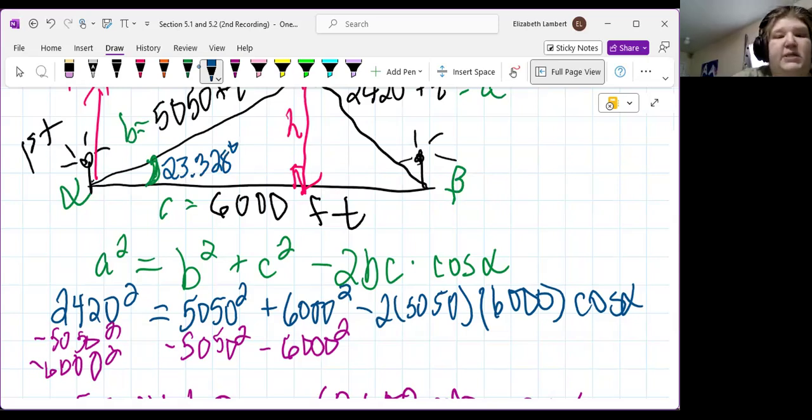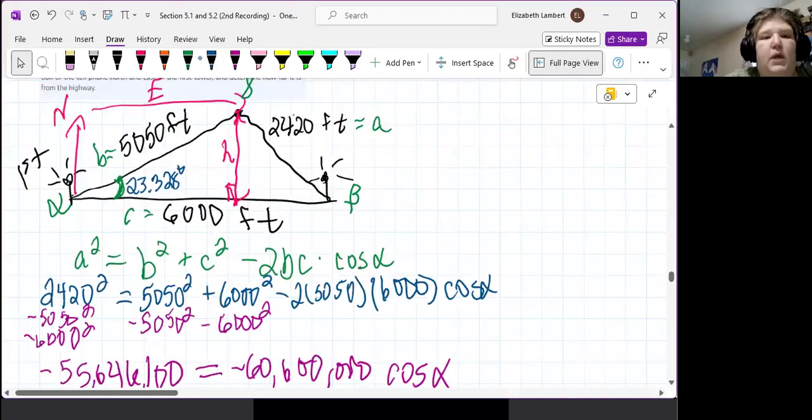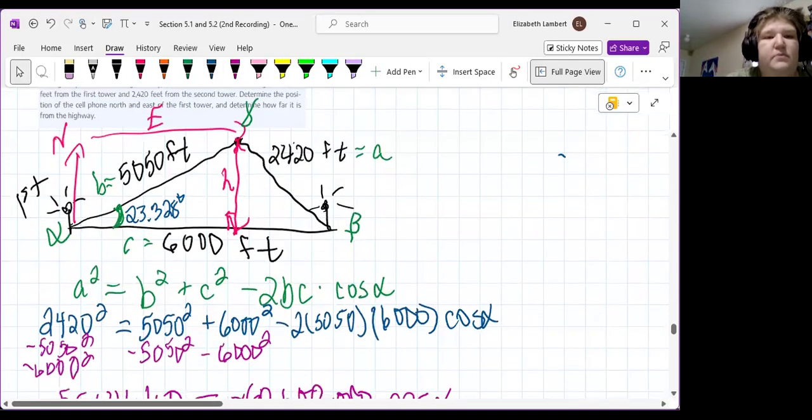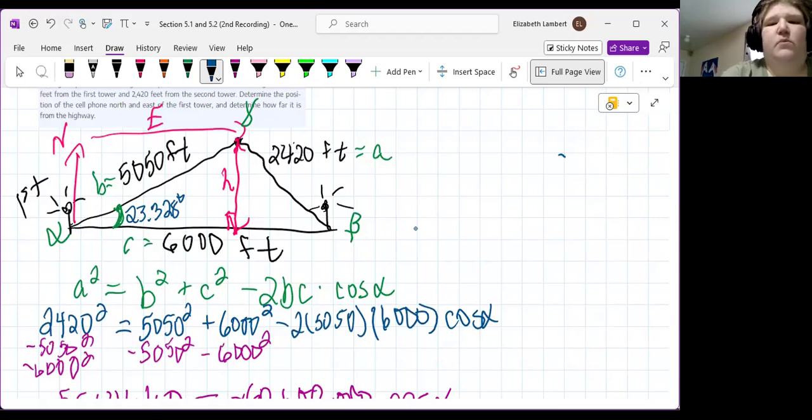All right, they wanted to know how far from the highway and north and east from the first tower. So how far from the highway is our H?